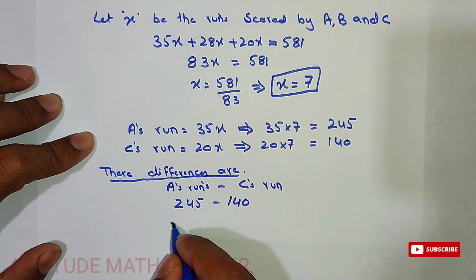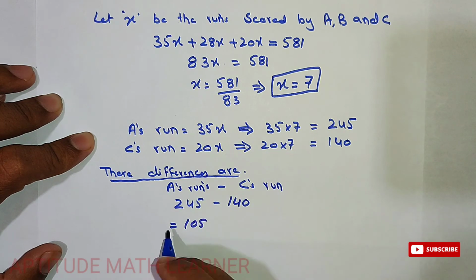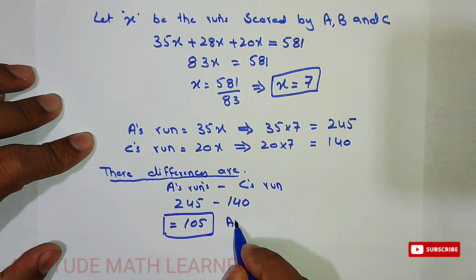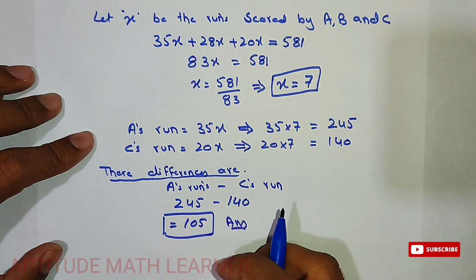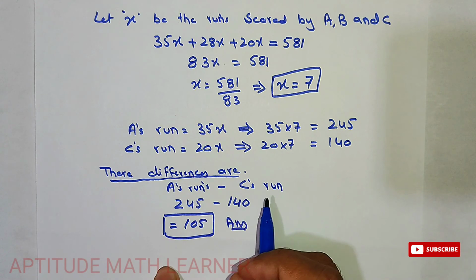So we get the answer, that is 105. So this is our answer, and this is the difference between A's and C's runs.